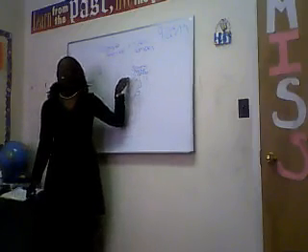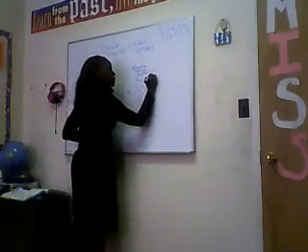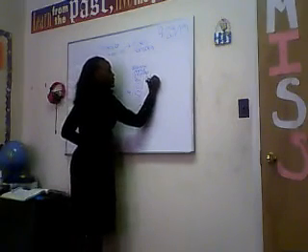All right, so this number becomes your whole number. Now put a square around this right here. This number becomes your numerator.